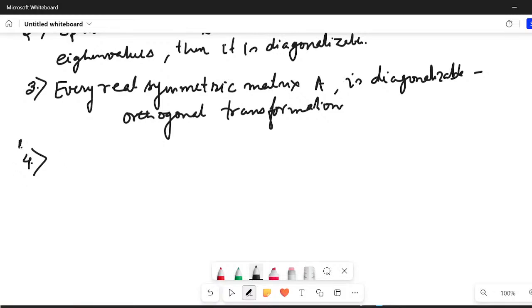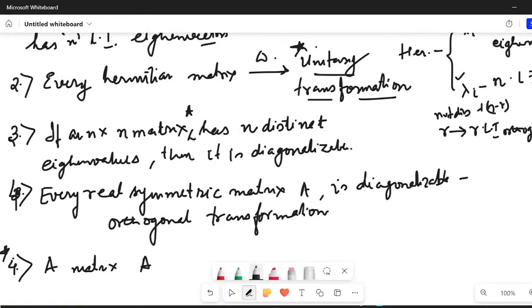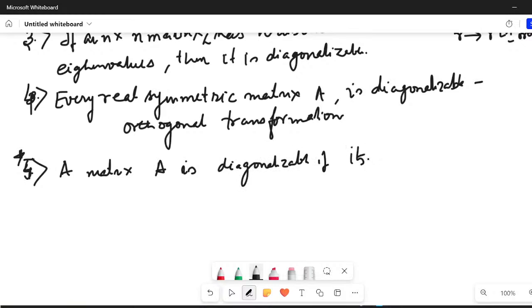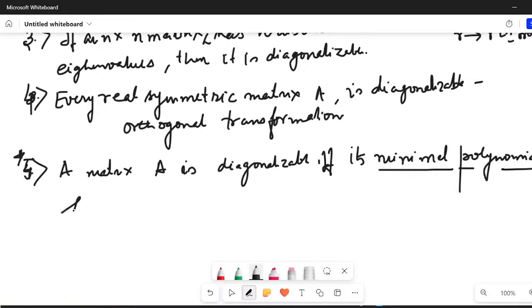Okay, so a very important statement: a matrix A is diagonalizable if and only if its minimal polynomial, not the characteristic polynomial, has distinct roots.